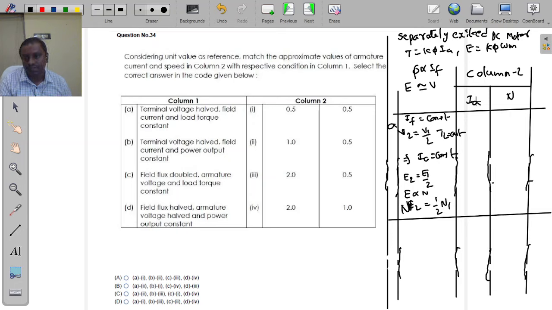In the sense, Ia remains constant, meaning 1 per unit, and speed will become 0.5 per unit. This is case 1. So Ia has to be 1 and speed has to be 0.5. 1 and 0.5 is matching here, so A has to match with option 2.